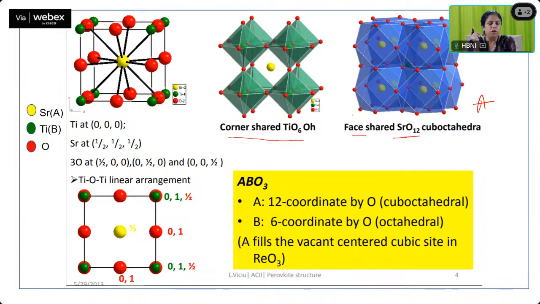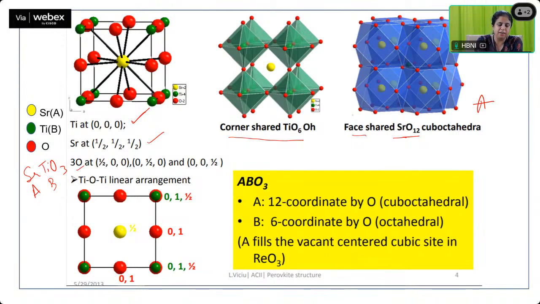Talking about the coordinates, very simple. This is strontium titanate here. So A is strontium, B is titanium. Your B ion is at the corner. Lattice coordinates are 0, 0, 0. Simple. A atom is at the body center, half, half, half.